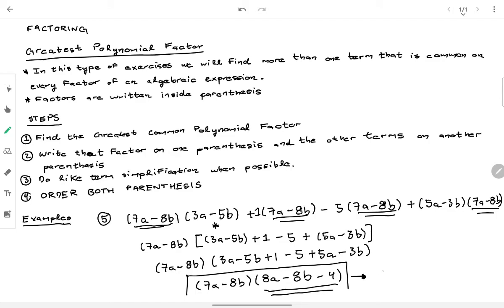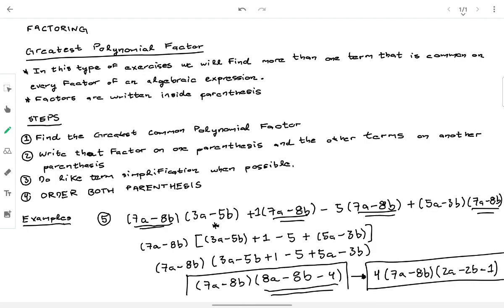So I can take a number 4 out of the second parenthesis, and I will put it like 4 times 2a, it's 8a, minus 2b, minus 1. And that will be the completely factorized expression on this kind of exercise.